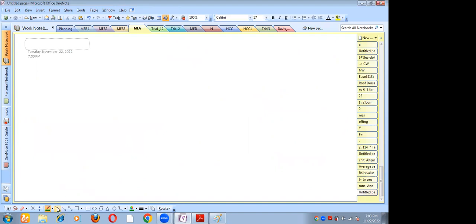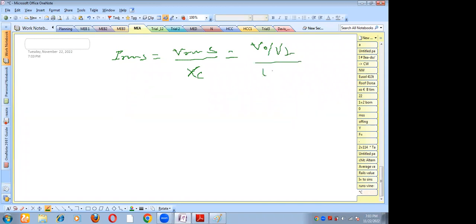We know how to calculate IRMS and VRMS. Yes, it's correct. IRMS is VRMS by XC. VRMS is given in the question. IRMS will be V naught by root 2, divided by 1 by omega C.